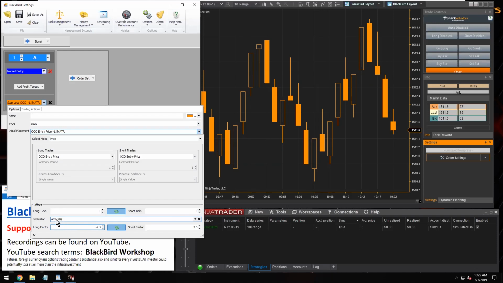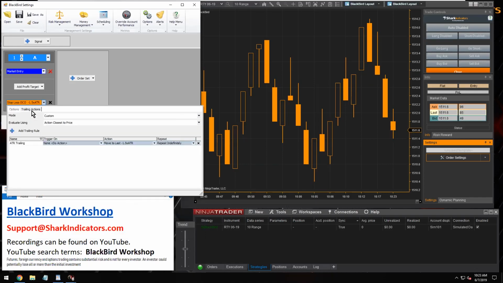Whatever that ATR value ends up being, once it's calculated, it's used in terms of ticks. The ATR produces a value in terms of points, so the point value of the ATR is calculated, and then that point value is used.